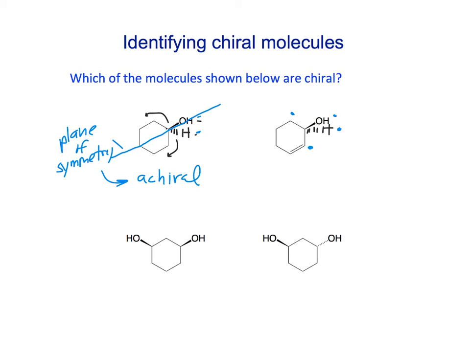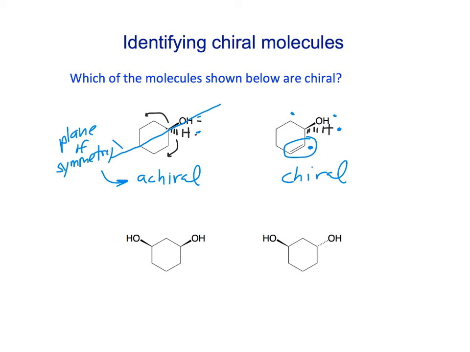So it has a CH2 over there, it has a CH on this side. This has 4 different groups. This one is chiral. By adding this double bond here, where we didn't have it in the last example, that broke the symmetry. There's no longer a plane of symmetry, so this molecule is chiral.